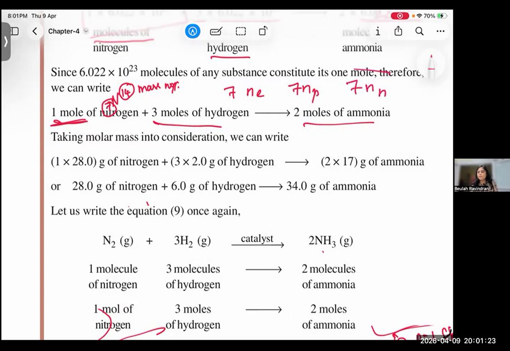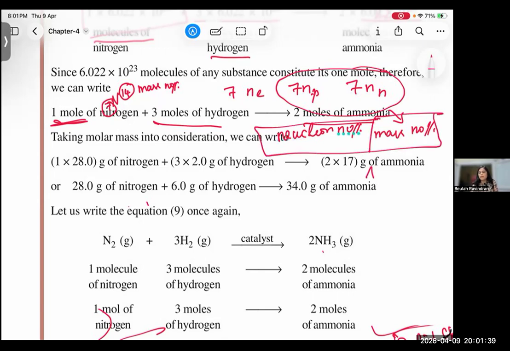If you add the number of protons and the number of neutrons, this will be the nucleon number, the mass number, designated by the letter A. A is 14: 7 plus 7, the number of protons plus the number of neutrons, equal to 14.